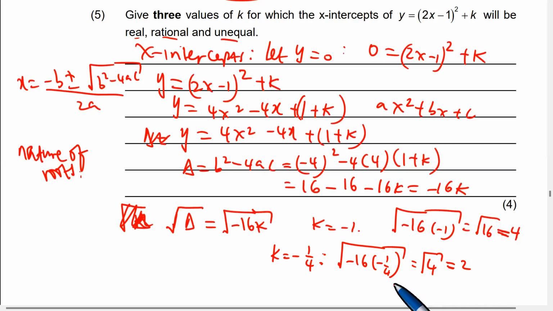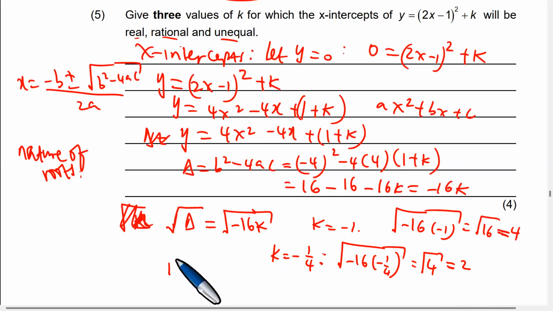So does k have to be negative? Yes. Why? Because we have minus 16k, and we can't take the square root of a negative number. So we must make sure that k is negative, so that negative times negative is positive, and then we have a positive under the square root.